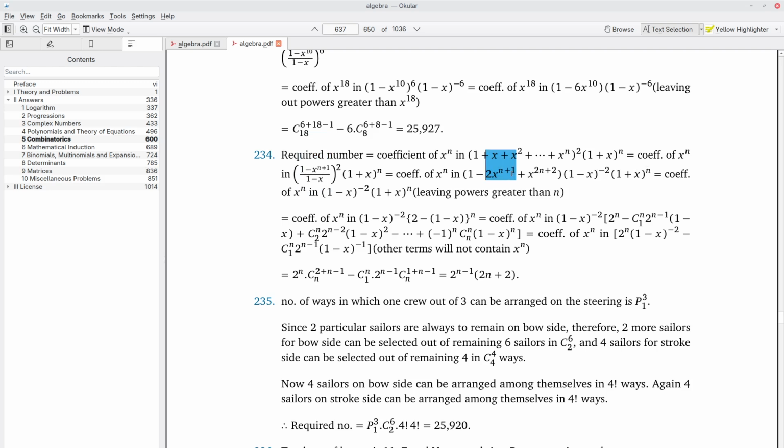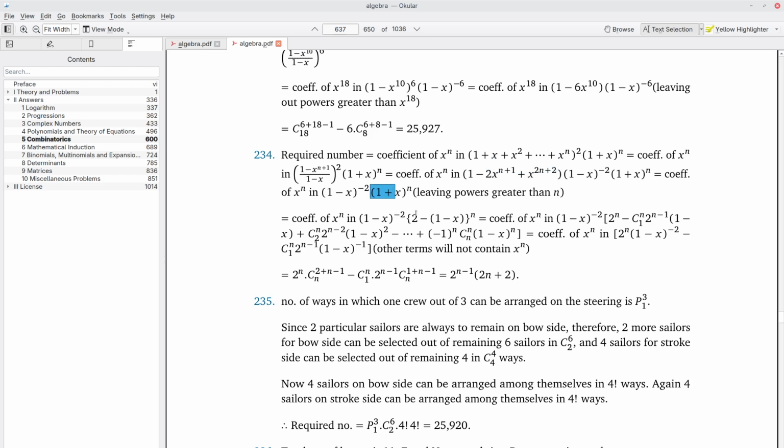Now if you look at this, the powers are n plus 1 and 2n plus 2, but we need only x to the power n, so we ignore both the second and the third term. We take only 1. So this becomes the coefficient of x to the power n in (1 minus x) to the power minus 2 and (1 plus x) to the power n.